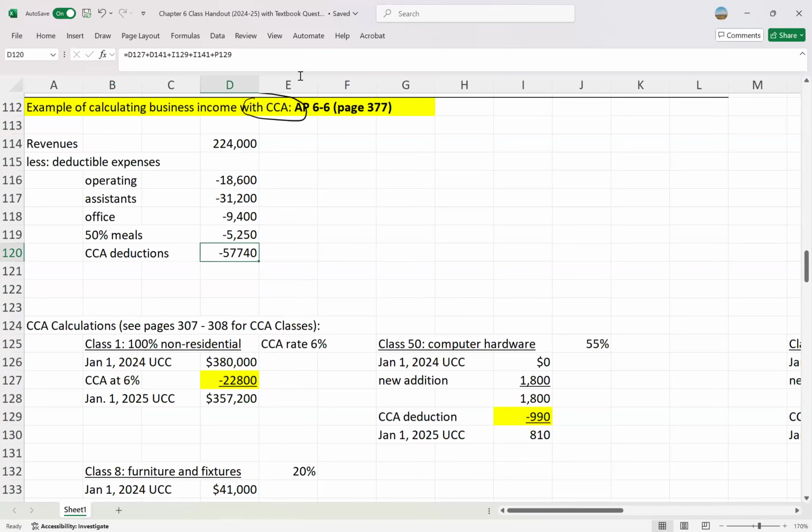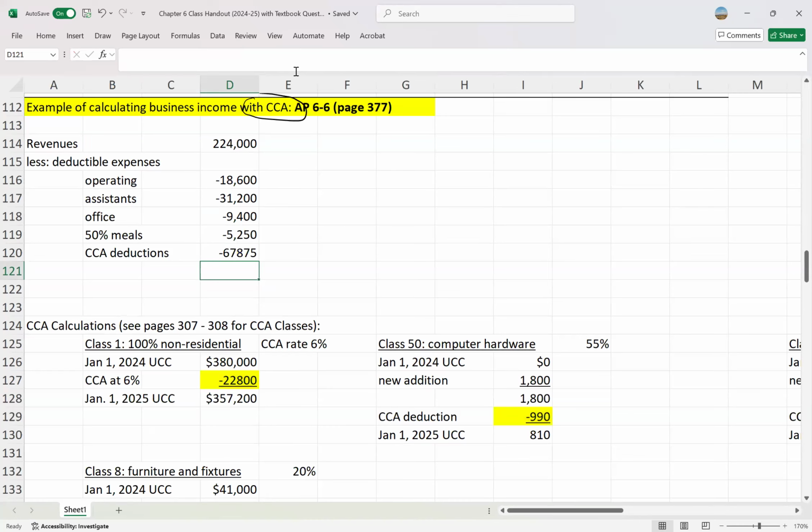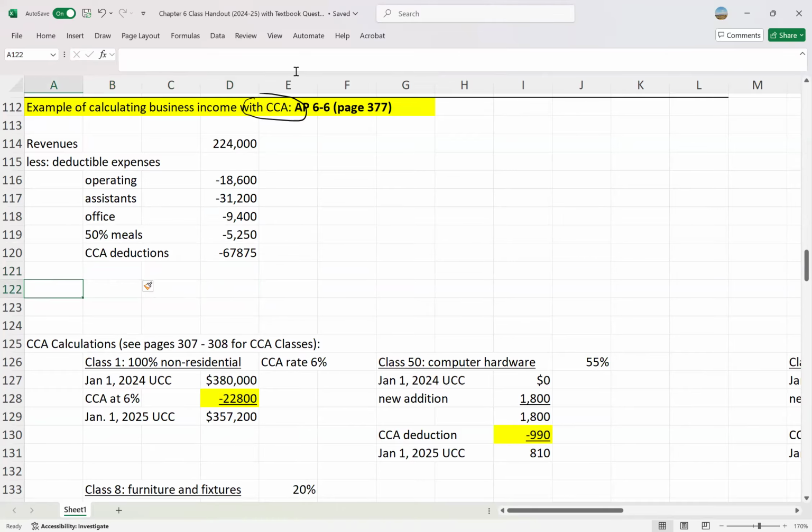So I'm going to put those amounts, and then I'm going to add the CCA for class 10.1, the 10,135. And that would be the total CCA. So all the yellow amounts, the CCA deductions, 67,875.